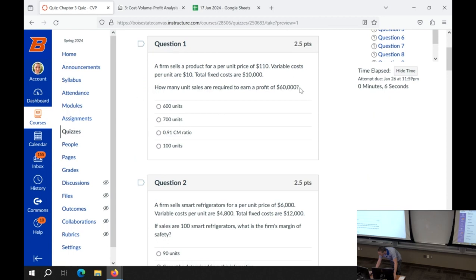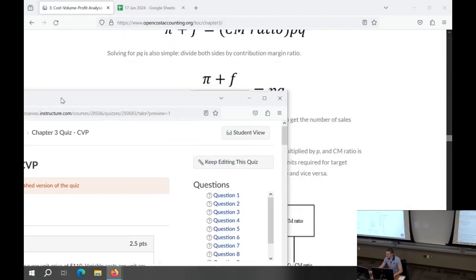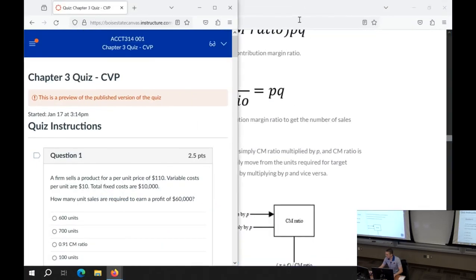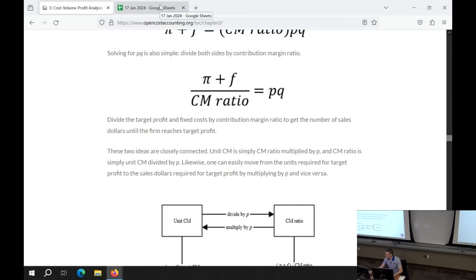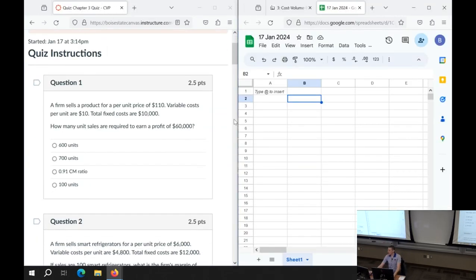Okay, this is a great CVP question. Nice simple one. So a firm sells a product. Let me set up a little bit better here. All right, so a firm sells a product with a unit price of $110.